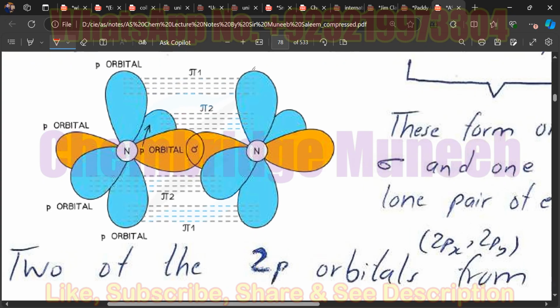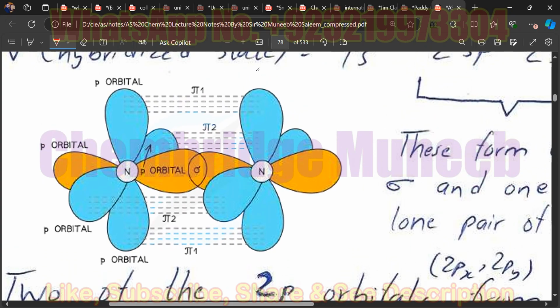I have to show the py here. This is a py orbital, with its upper lobe and this is the lower lobe of the py orbital, and this is the py orbital of the other nitrogen atom. That is one nitrogen atom, and that is the second nitrogen atom. I have shown this with the prime sign on it.